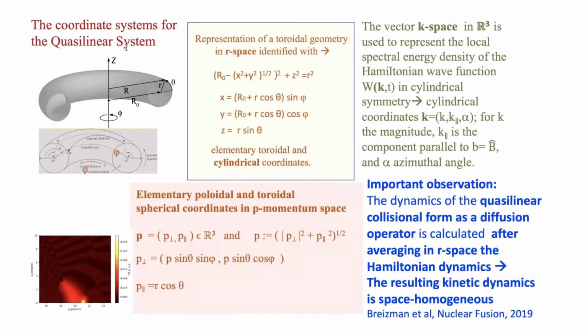Okay, so we have a coordinate system in a space, and because it's a toroid, maybe many of you know, it is really a toroidal geometry, and then you have elementary toroidal and cylindrical geometry. This is the way they look at it, except that you have a translation of the center of your radial component, because the radial component has to simulate what happens in the inner core of the toroid, where the magnetic lines are not crossing each other.